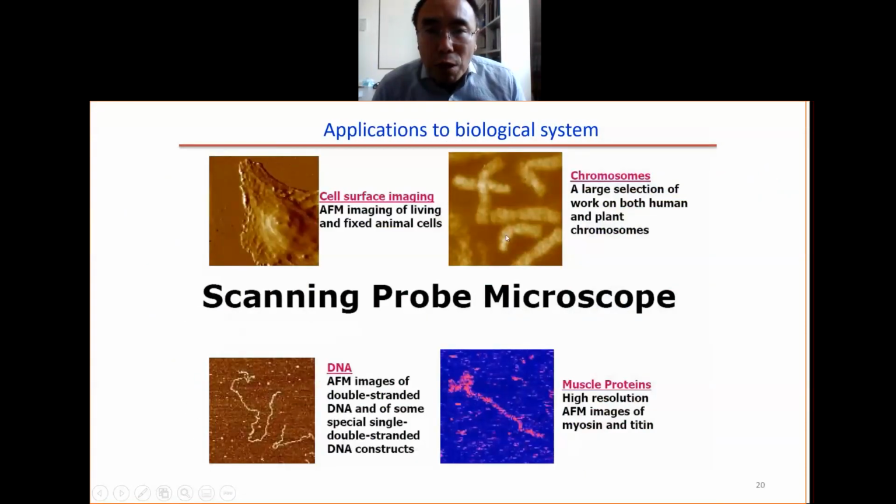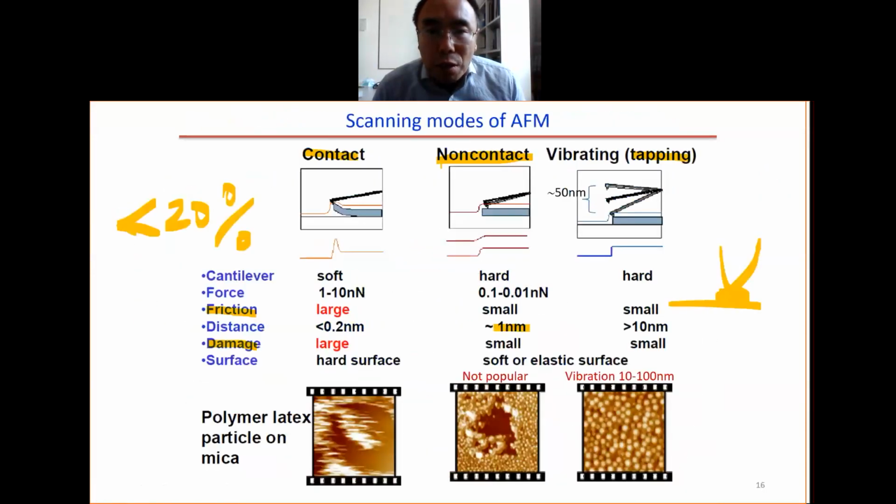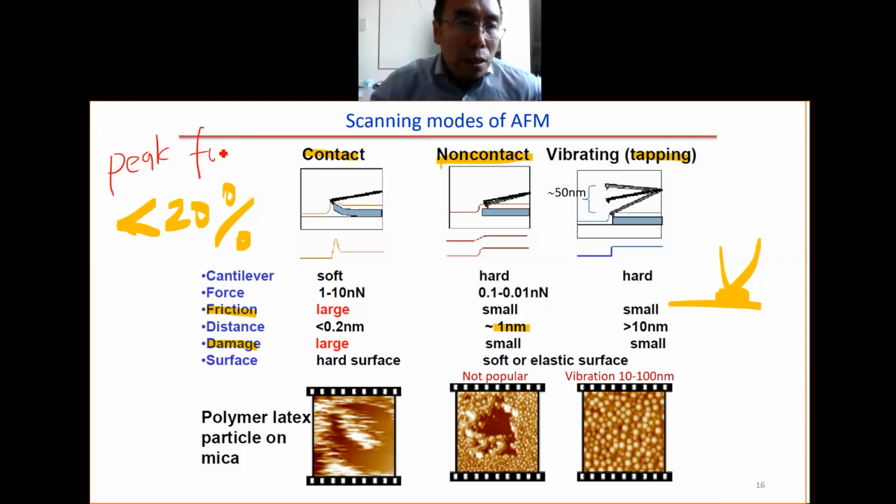So I forgot one thing, so I can show you one more thing before we stop. Here we talked about constant mode, non-constant mode, and vibration and tapping mode. In recent years, there is another mode that is becoming more and more popular. It's called peak force mode. This is also a tapping mode.